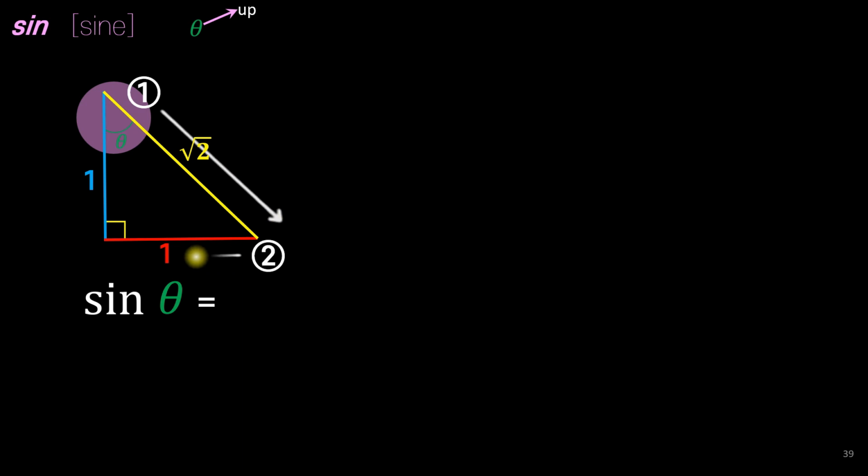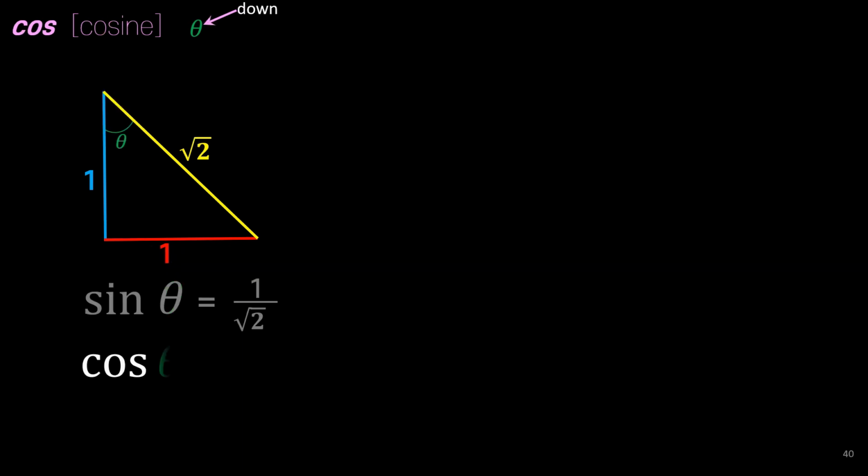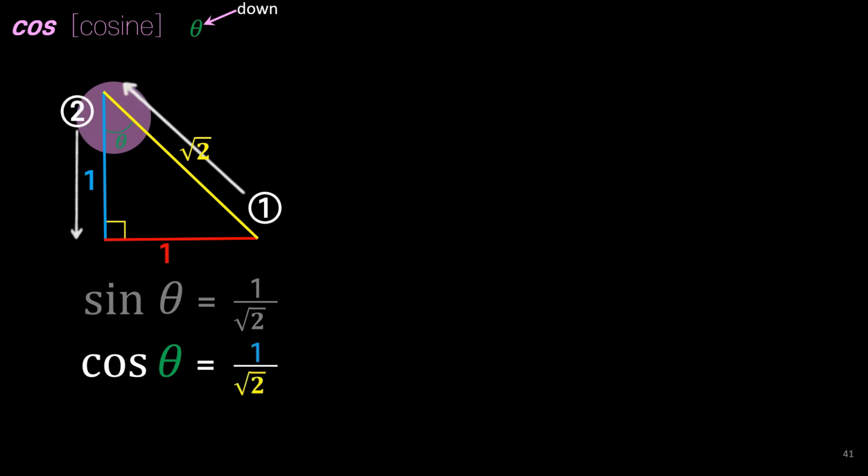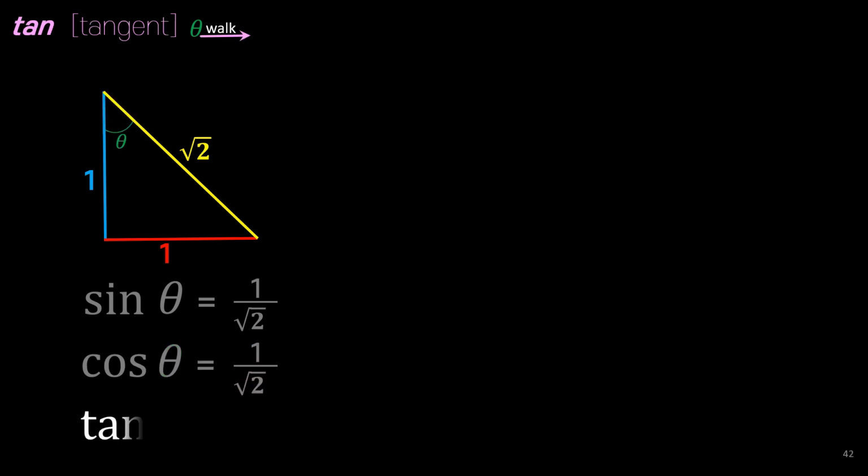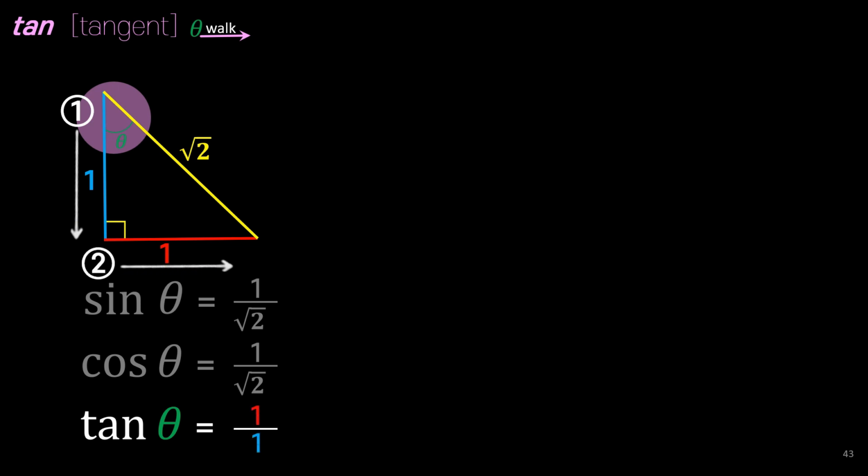Climb up the slope, go down the height, square root of 2, 1. Next. Go down the slope, follow the base, square root of 2, 1. Next. Walk along the base, go up along the height, 1, 1.